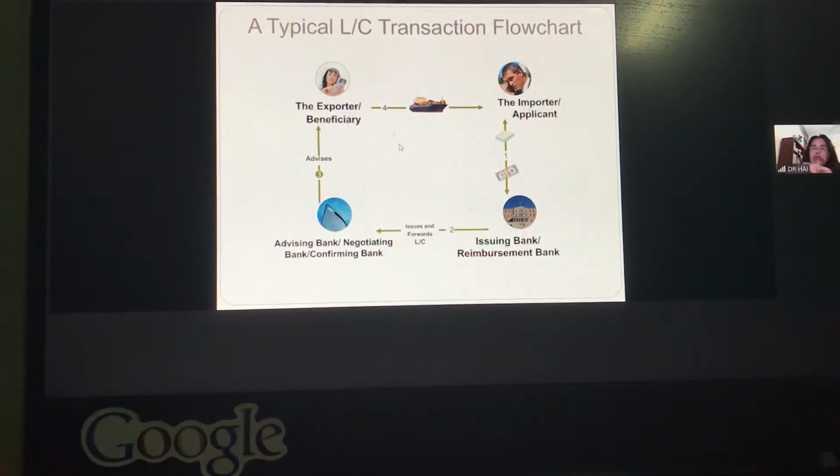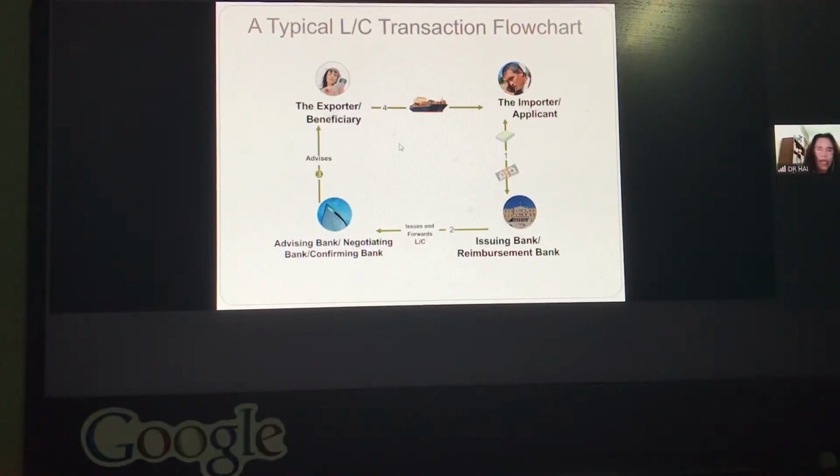Of course, the exporter needs to check the content of the LC because if he ships the goods, he needs to submit the documents in order to obtain payment, to get paid. That's why the exporter needs to check the documents.